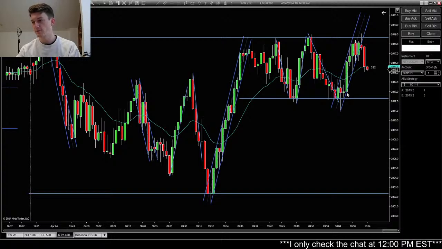On the RTY, there's a second entry short off this resistance. Could be good.